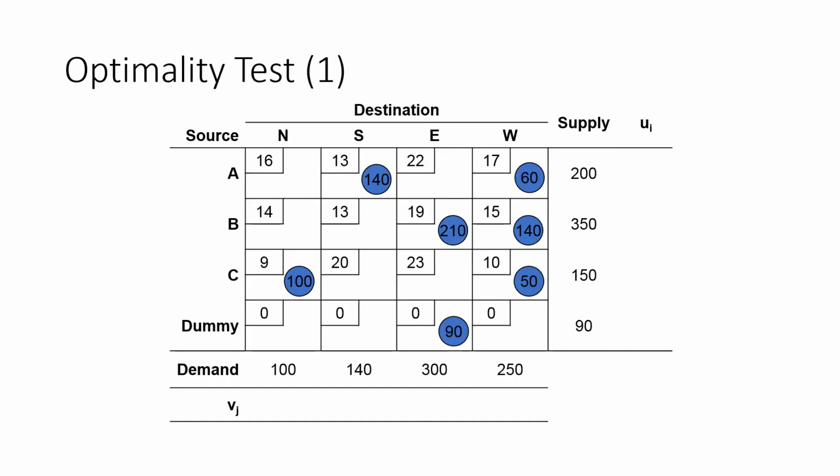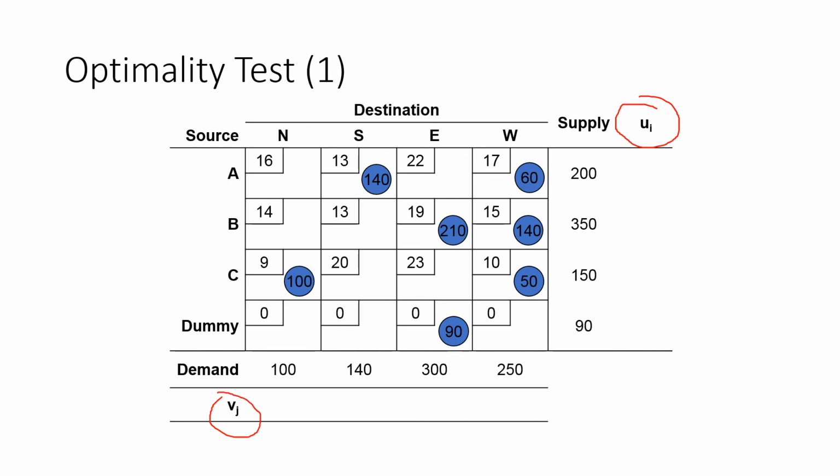Okay, now once we have an initial basic feasible solution, and this was the one obtained by the Vogel's method, we will need to check whether this is an optimal solution or we can improve the solution further. To do so, we need to calculate what we call the dual variables or the multipliers ui and vj.